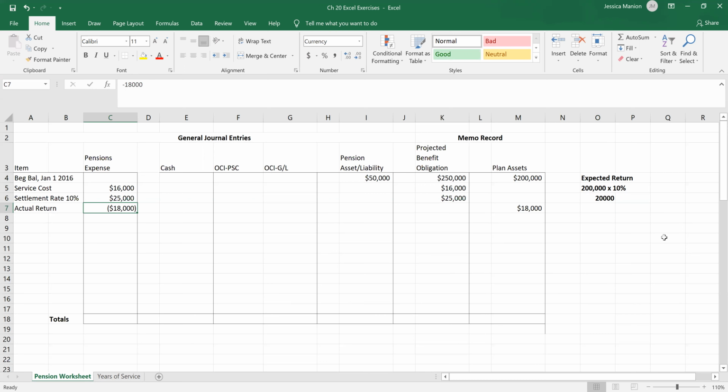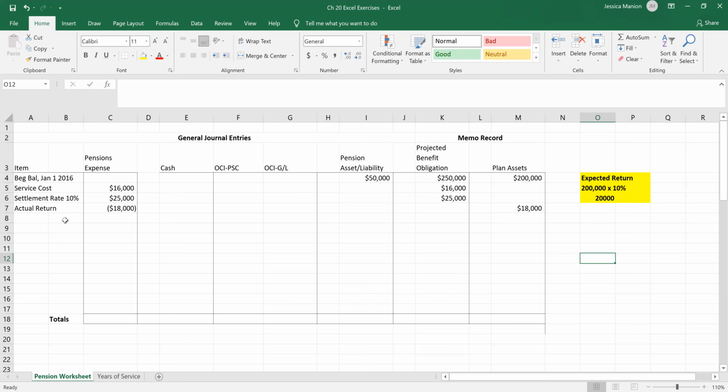And so in all of them up to this point, our expected return has been the exact same as our actual return. So we haven't had a gain or a loss, right? But this is our first one now where our expected return is 20,000, but our actual return was only 18.